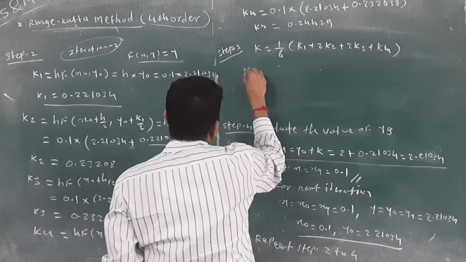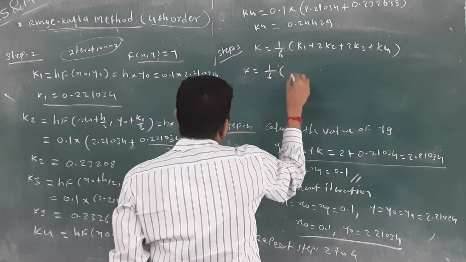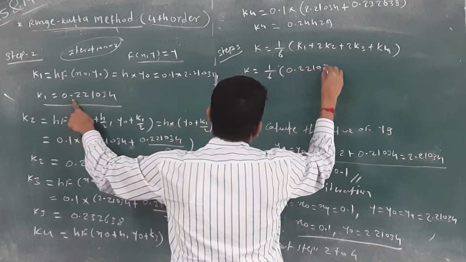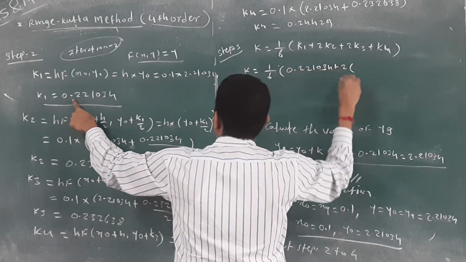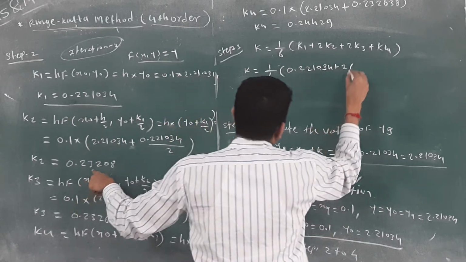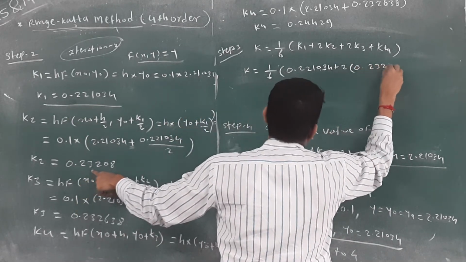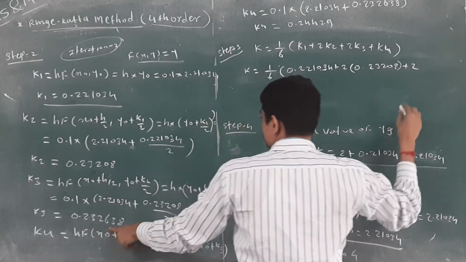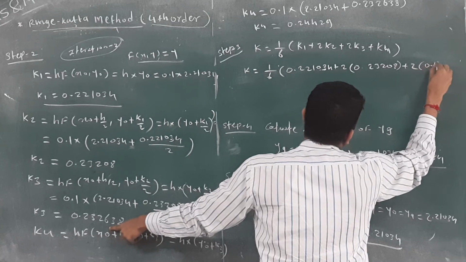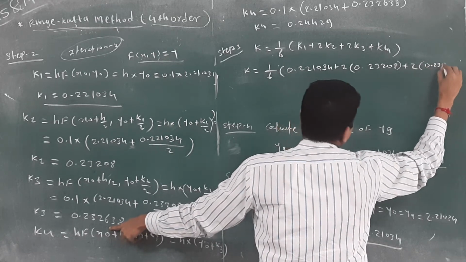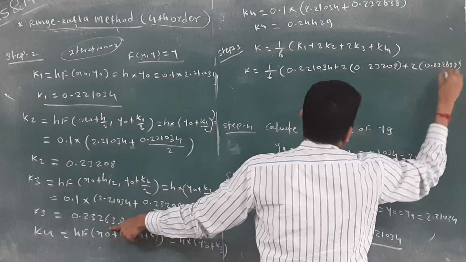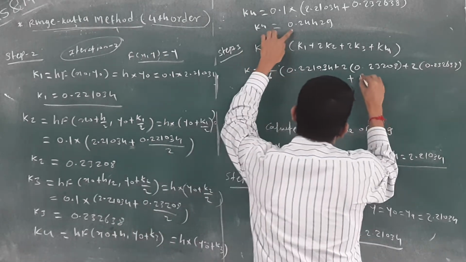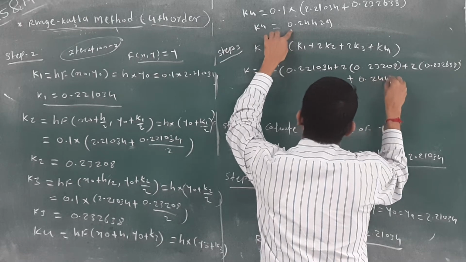Put the values in that equation: 1 by 6, what is the value of k1? 0.221034 plus twice the value of k2, 0.23208, plus 2 into k3, 0.232638, plus k4, which is 0.24429.